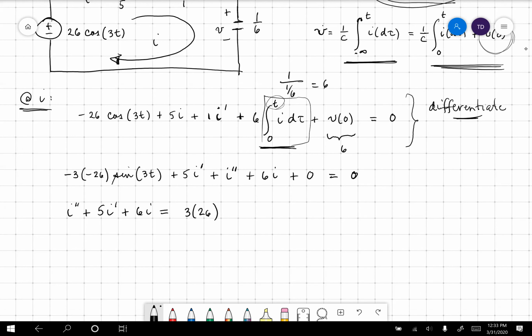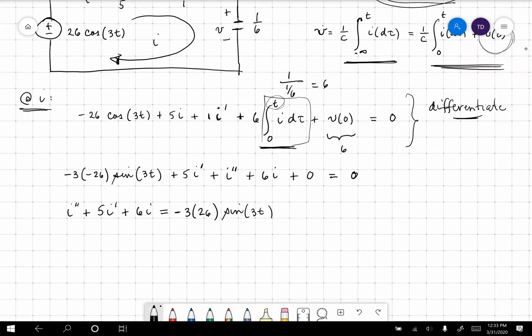I'm leaving them that way for a reason. Times 3t, and that all has a negative sign in front of it. Okay, there's our differential equation. That, believe it or not, is the hardest part of the problem. The rest is cumbersome.